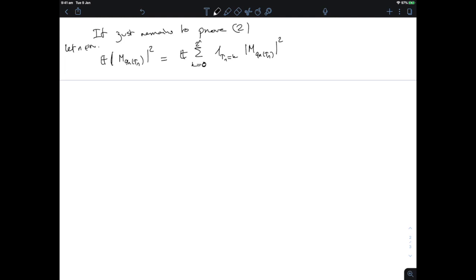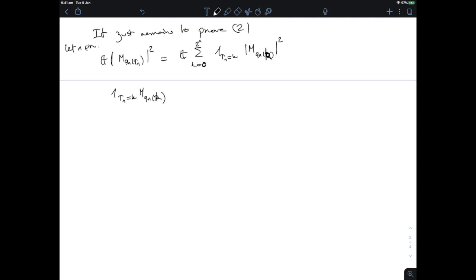Okay, and now I'm claiming that this can take a much simpler form. So first of all, if τ_n is k, then this is k. So what is this object here?